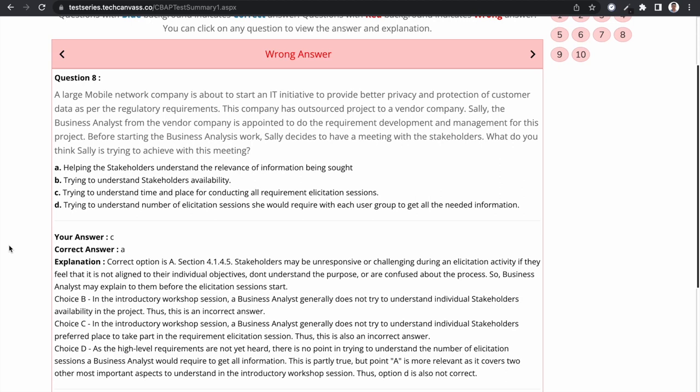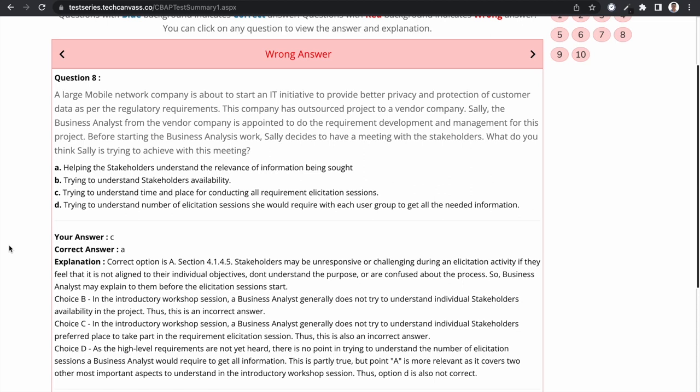Option C says trying to understand time and place for conducting all requirement elicitation sessions. Well, in the introductory workshop sessions, a BA generally does not try to understand individual stakeholders' preferred place to take part in the requirement elicitation session. That's why this is also incorrect.